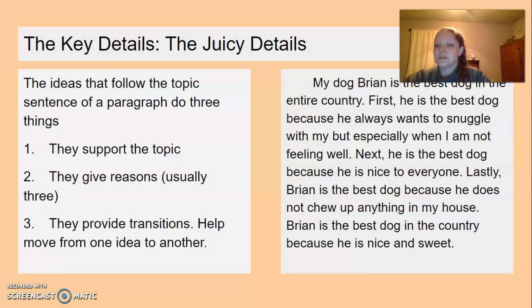So this relates and supports my topic sentence of Brian being the best dog. So my three key details, all three support my topic sentence. There's three of them, and I use transition words. And then Brian is the best dog in the country because he is nice and sweet is my concluding sentence.